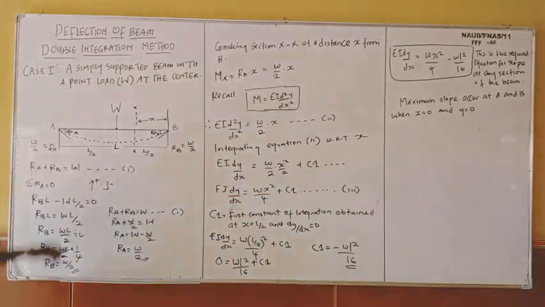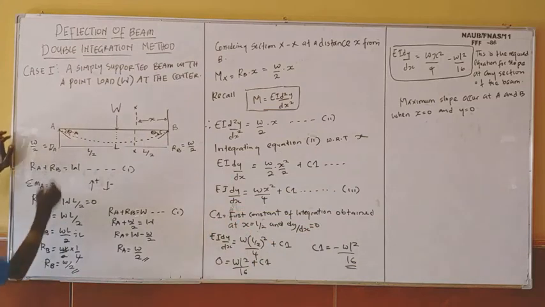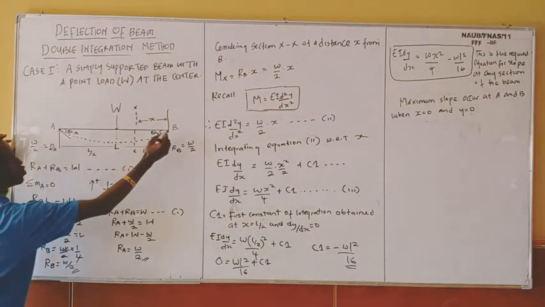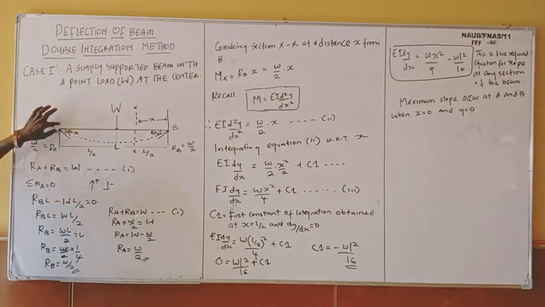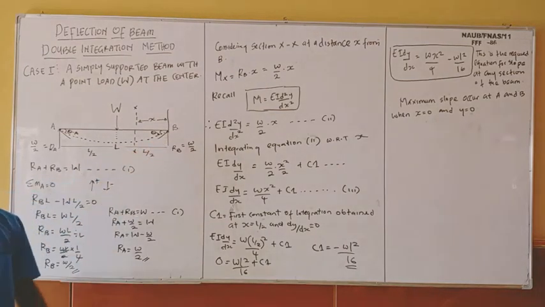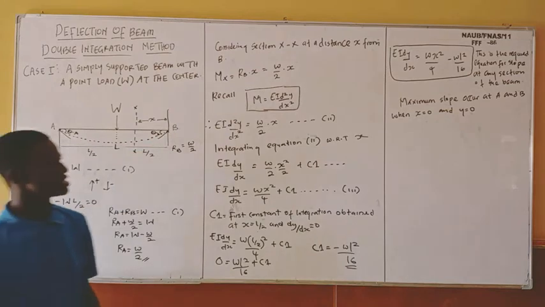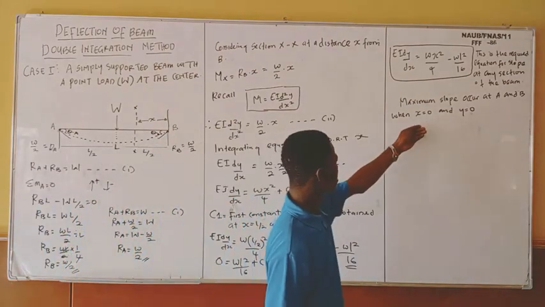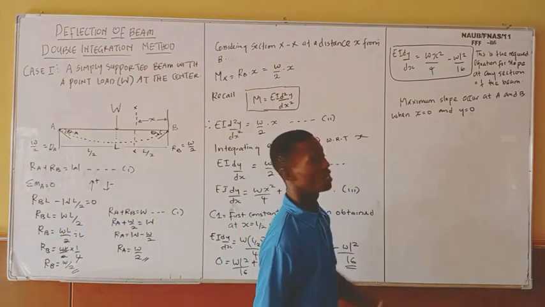For me to have my maximum slope at this point, you understand? At this point, point A and point B, my x is equal to 0 and my y equals to 0. So in this case, anywhere I see x, I put 0. Anywhere I see y, I put 0.